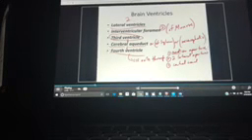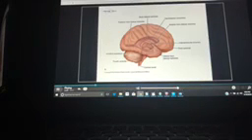So here's your cerebrum. Deep within that, you'll find these spaces. Here are the two lateral ventricles, and you have two of them on the other side. The CSF from here will course through into the interventricular foramen, and empty into this third ventricle.